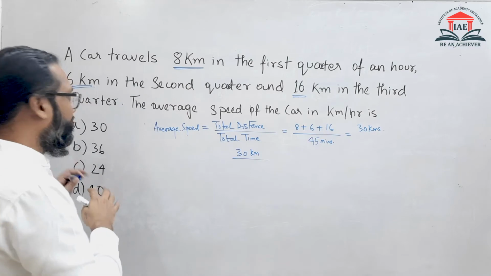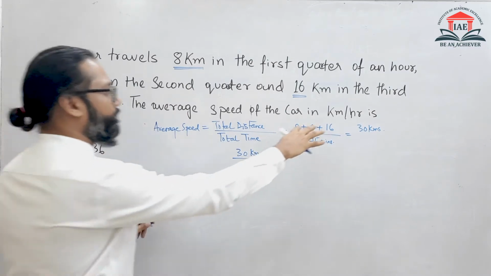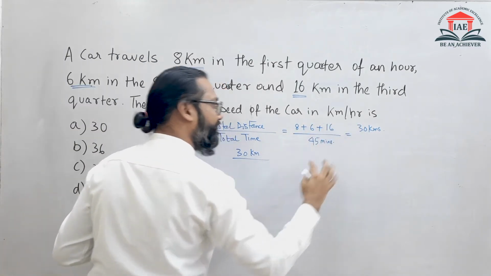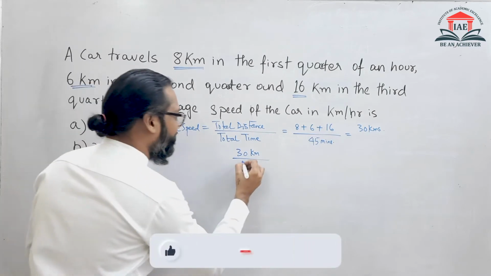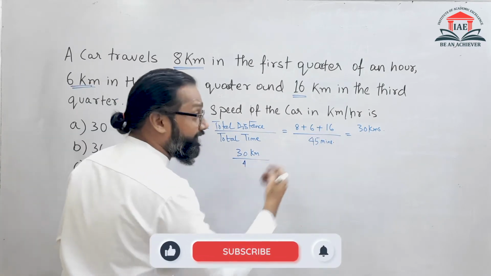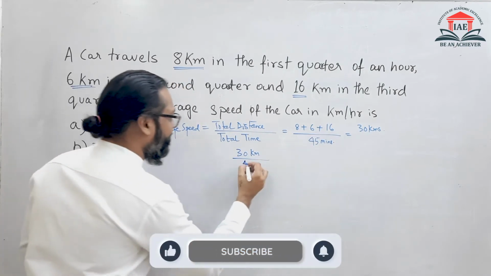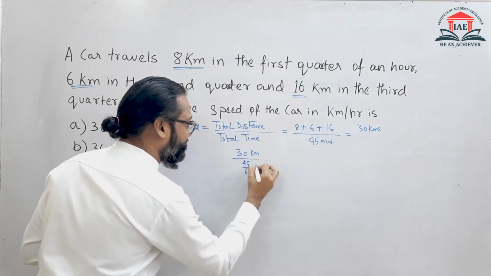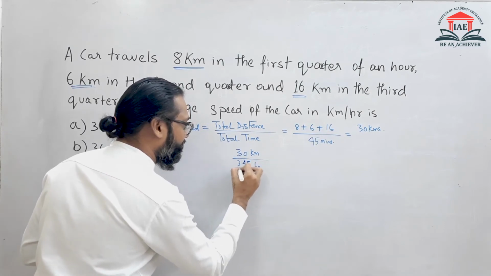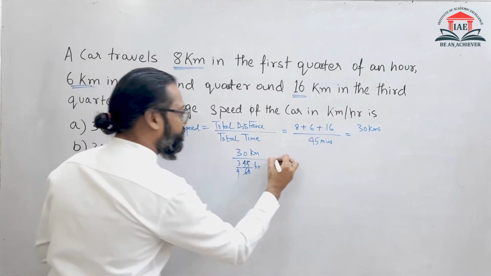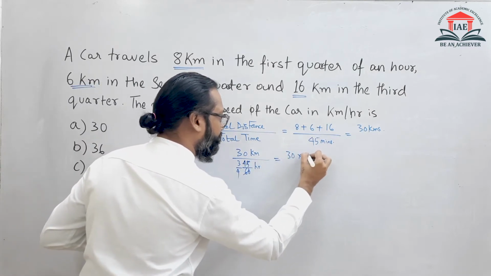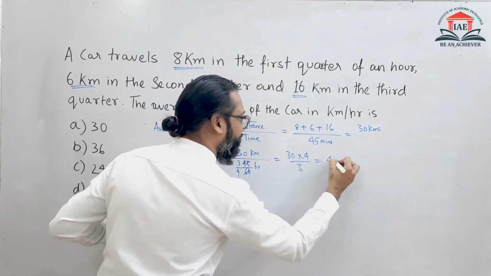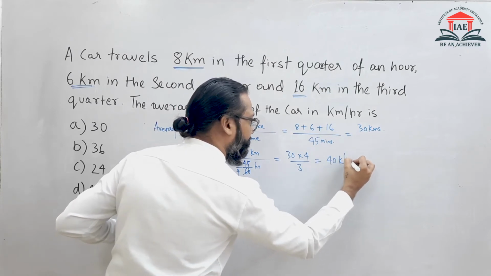But since I need average speed in kilometers per hour, how much is 45 minutes as far as hours are concerned? It is 45 by 60 hours, or we can say 3/4 of an hour. So average speed is 30 into 4 by 3, that is 40 kilometers per hour.